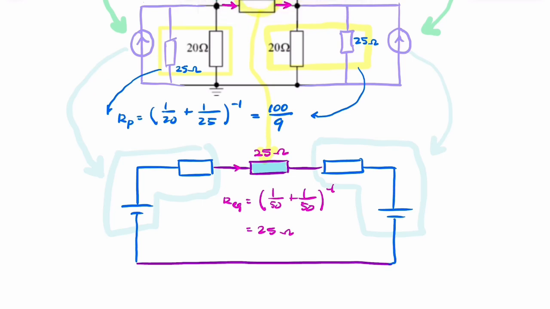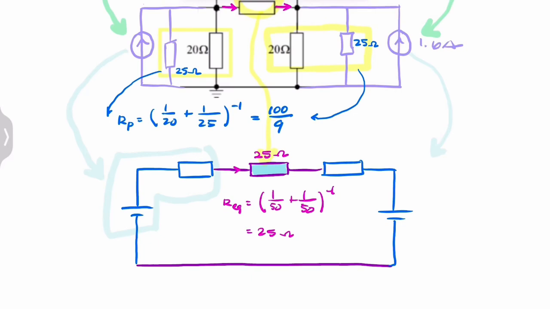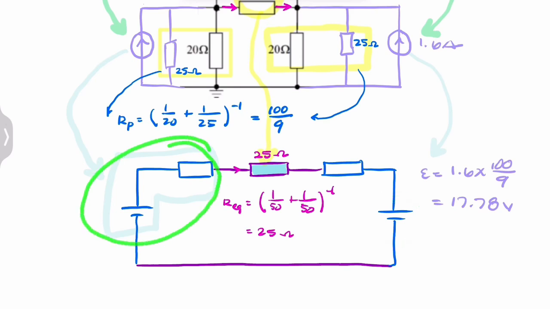So if you look at this current source, which was 1.6 amps, the equivalent voltage source would have an EMF of the current times the resistance. So 1.6 times the equivalent resistance, which we said is 100 over 9. And that gives you 17.78 volts. So that's this voltage source. We'll do the same for this.